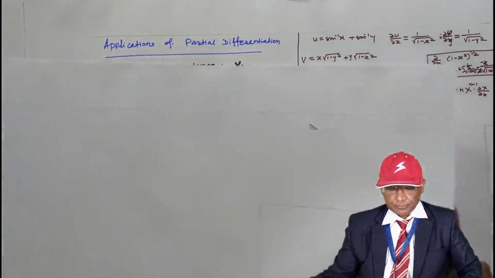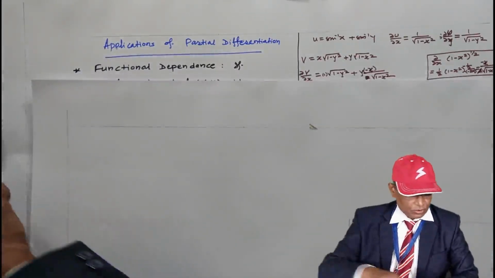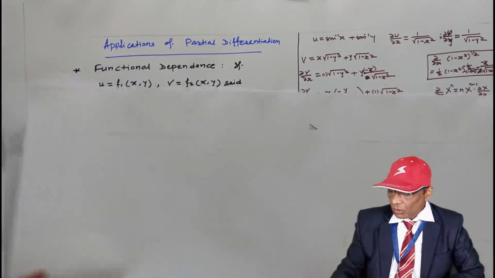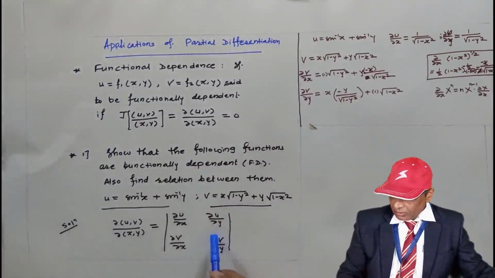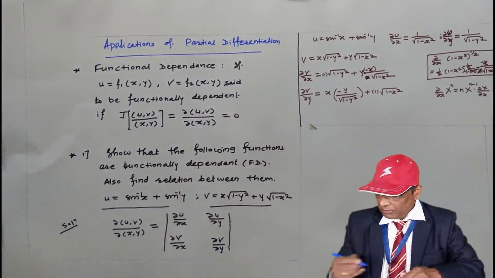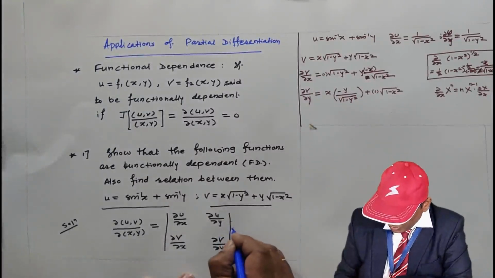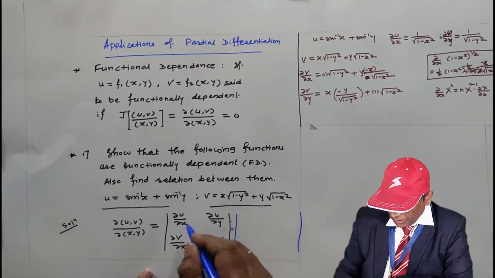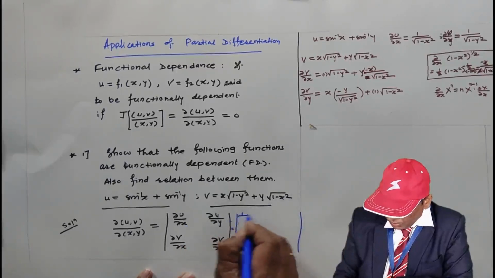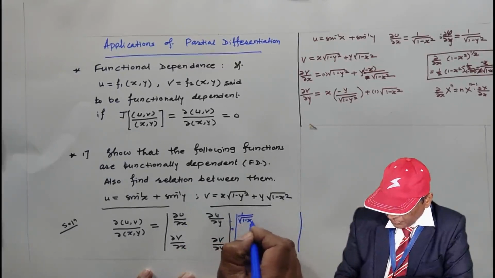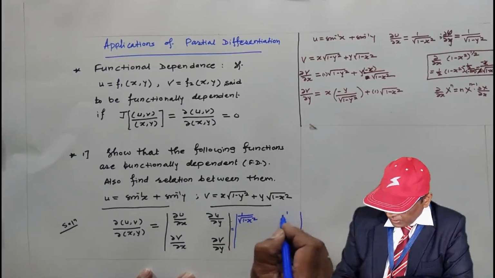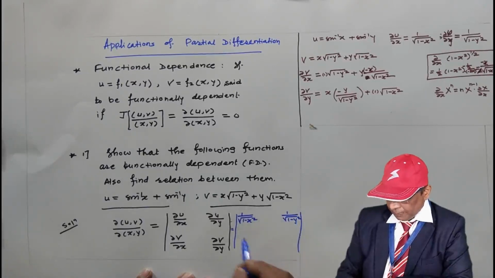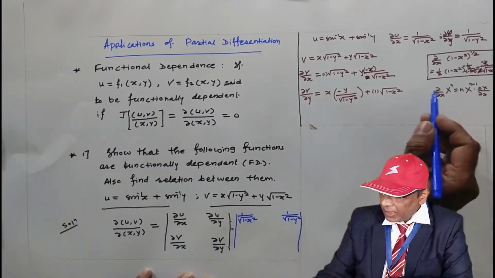Okay. Now what I am going to do, I am going to write the Jacobian. This I am going to write here. We have space. I am writing short here. See, del u by del x is what? 1 by under root 1 minus x square. And del u by del y is 1 by under root 1 minus y square. Okay. Then del v by del x is what?